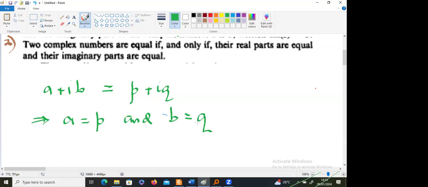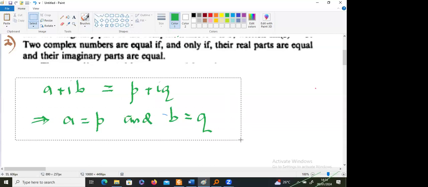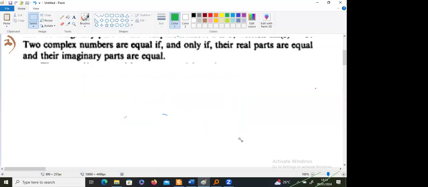Then what is another thing that I want you to take note of? We can always add and subtract complex numbers. We can also multiply by a scalar, multiply complex numbers, and divide. So we can manipulate complex numbers.